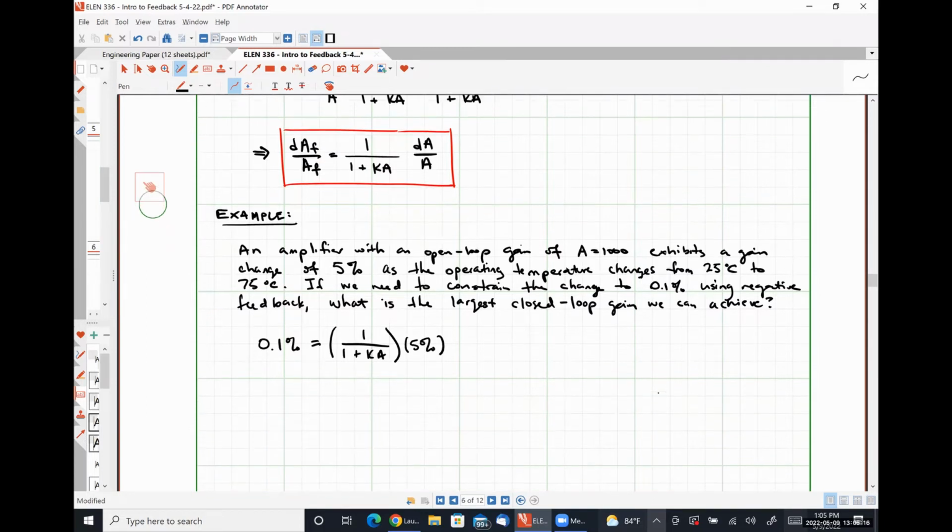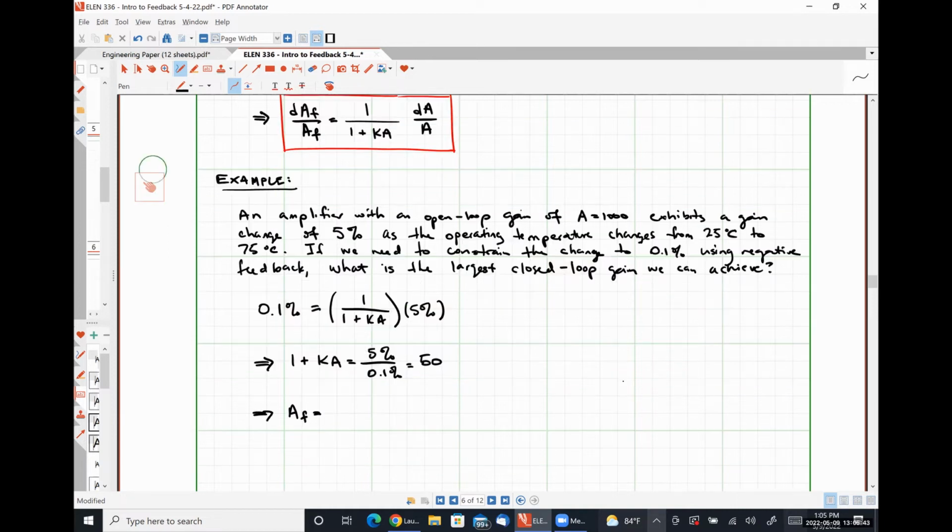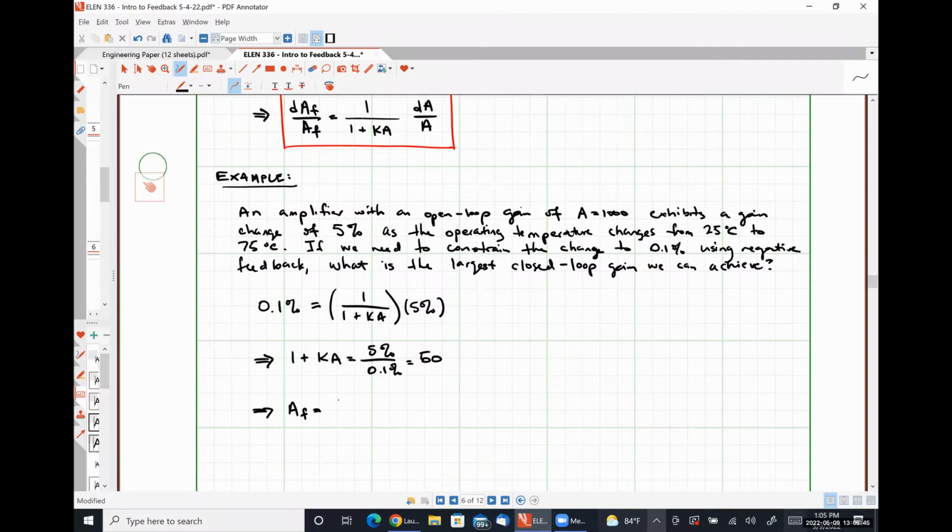So rearranging this, we can find that our amount of feedback, 1 plus Ka, is simply 5% over 0.1%, or 50. And from this, our gain with feedback, or closed loop gain, A over 1 plus Ka becomes 1,000 over 50.